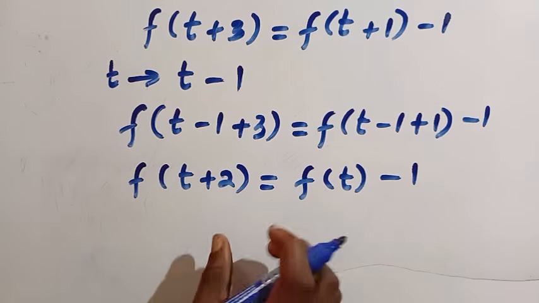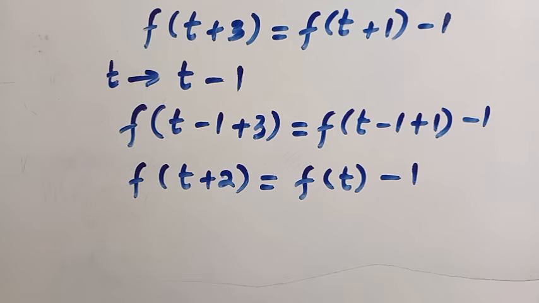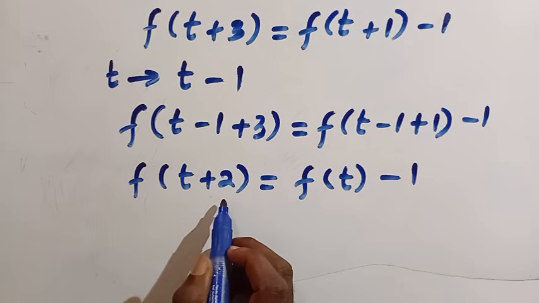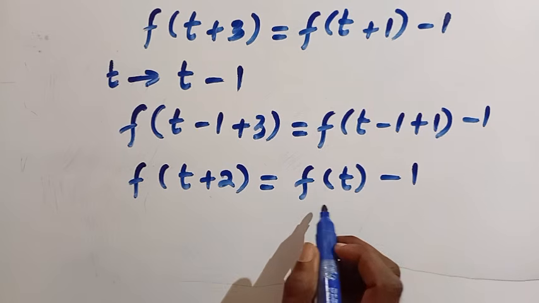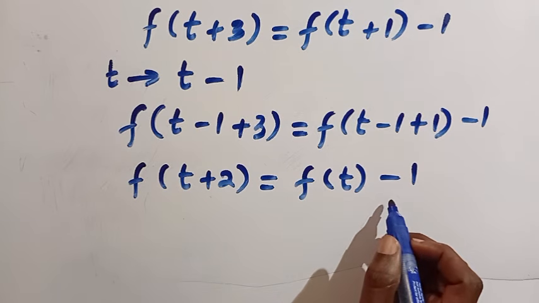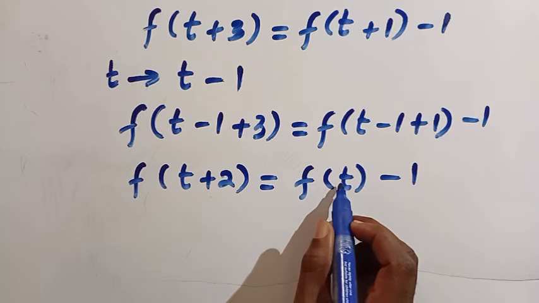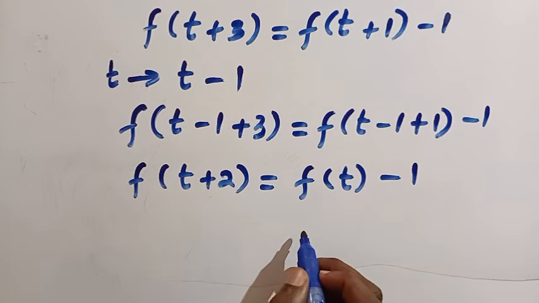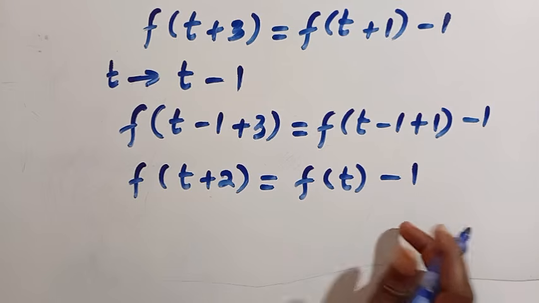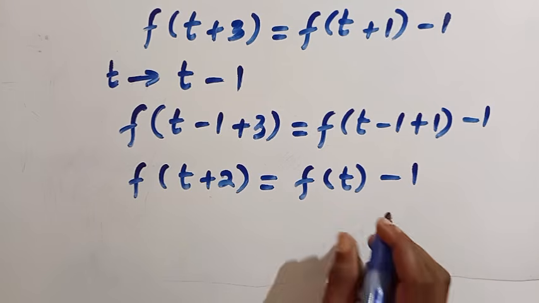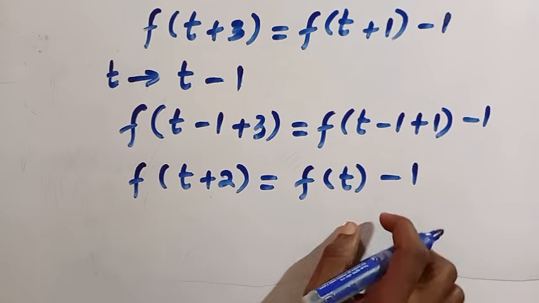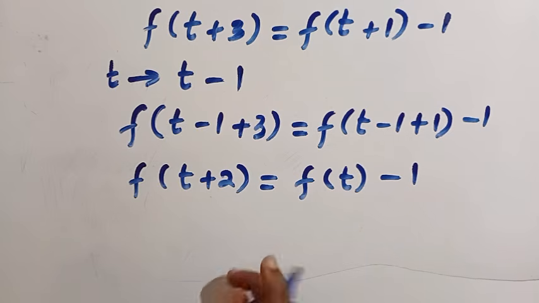If you cannot see it this way, we can keep increasing by 2. If I change this to t plus 4, we have f of t plus 2, minus 1. Since we have t plus 2 already, we can change the whole of this side to f of t minus 2. The next one will be f of t minus 3, and the next f of t minus 4. As this one is increasing by 2, this one will always be decreasing by 1. So that is the pattern.